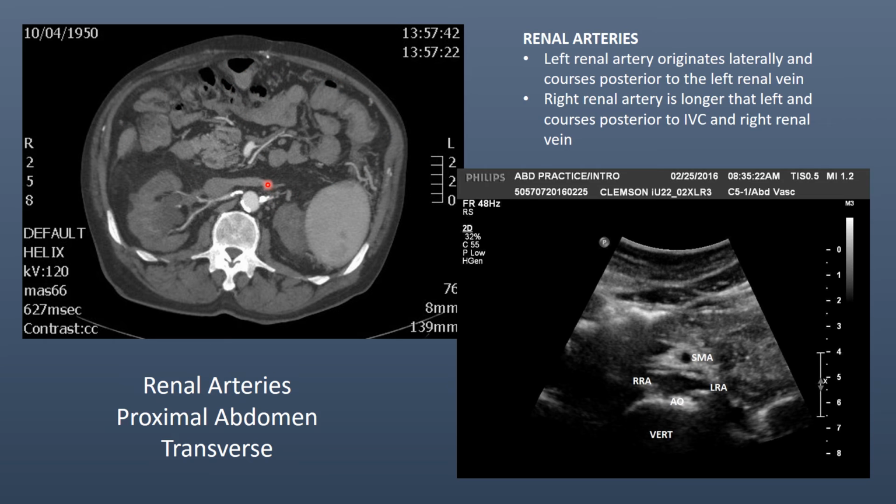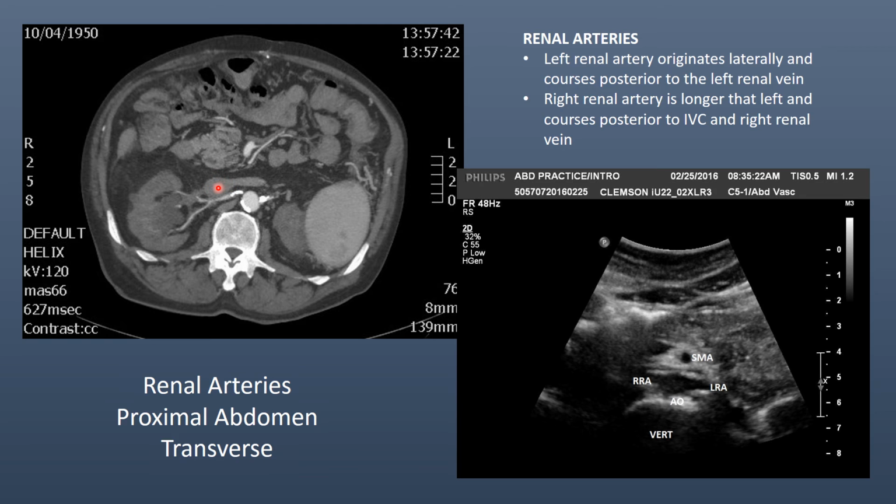And one more thing I want to point out, anterior here to the aorta is a portion of the left renal vein that we just learned about in the prior slide. So left renal vein coursing anterior to the aorta. It's going over and it's draining into the inferior vena cava, the IVC.